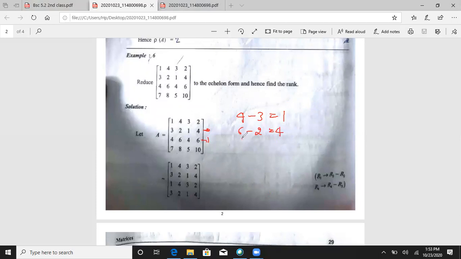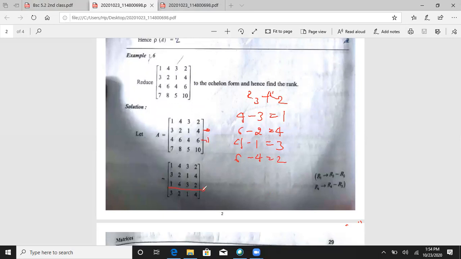Then 4 minus 1 is 3. Then 6 minus 4 is 2. I am telling R3 equal to R3 minus R2. I write here 1, 4, 3, 2, and 1, 4, 3, 2.